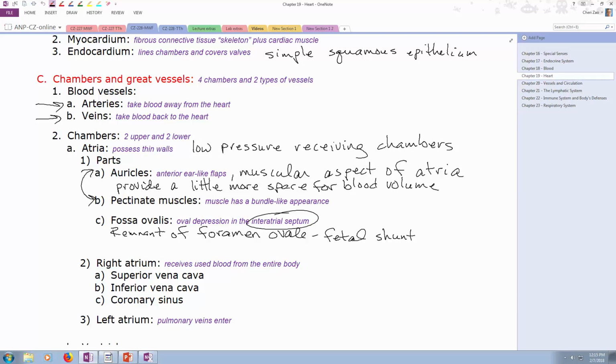And I want you to realize it's in the posterior aspect of the interatrial septum. So, found in the posterior interatrial septum.